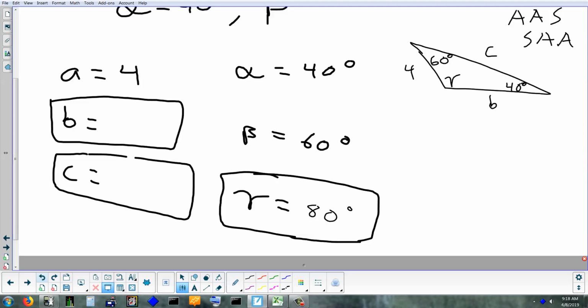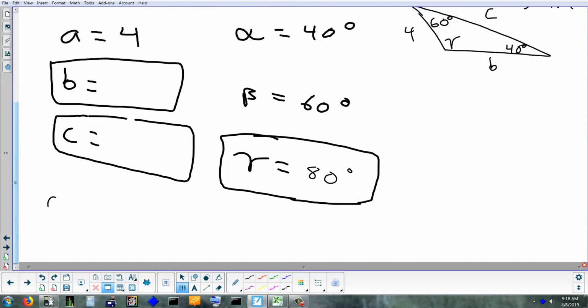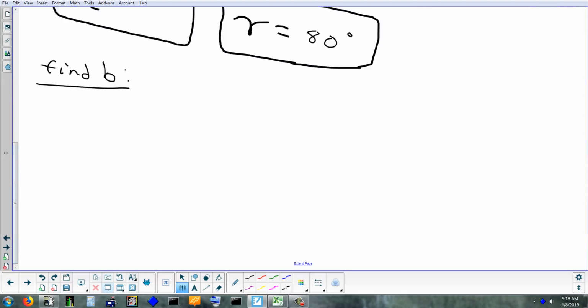All right, let's find B first. Let's find B. For this problem, it really doesn't matter once you get gamma if you do B or C. Could do either one. I just chose B. So every time you set up the law of sines, you're going to have something like this.